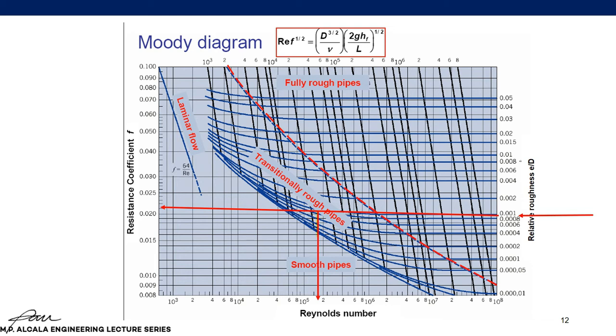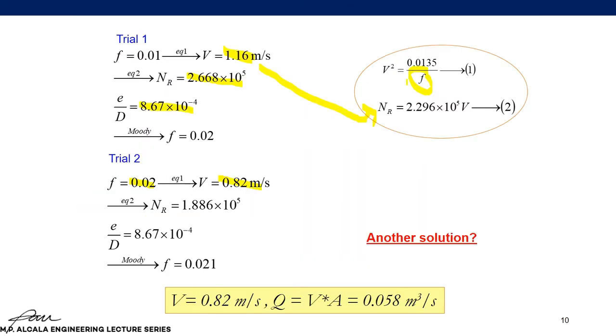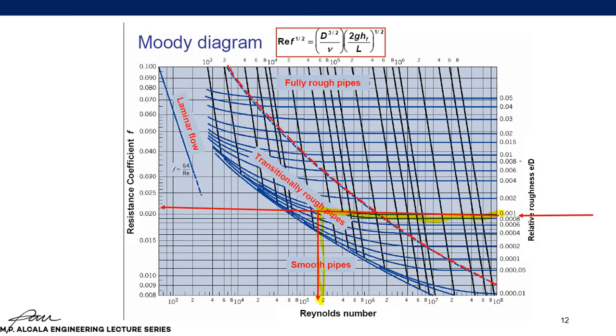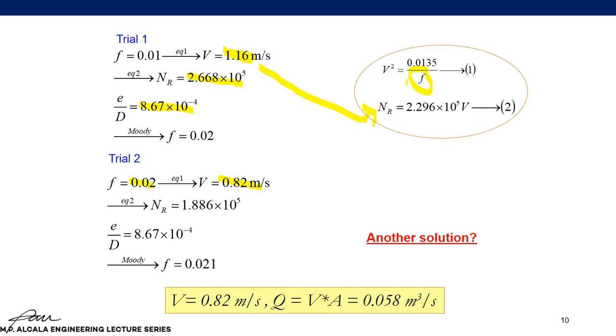So solving further, we will get an equivalent friction factor here in between 0.25. So this 9 times 10 to the negative 4, this length, and this value of 1.886 times 10 to the 5 will give us a friction factor of about 0.021, right?